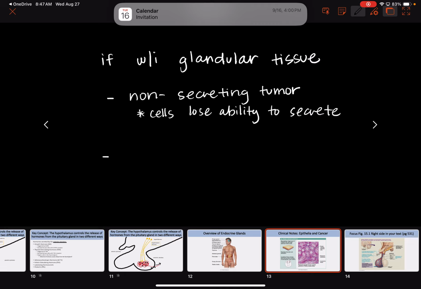And then we have secreting tumors. Secreting tumors retain their ability to secrete.